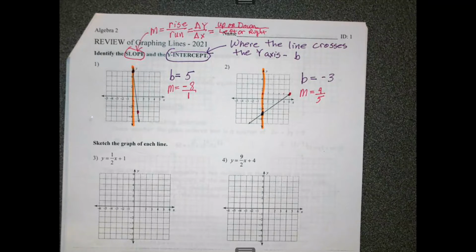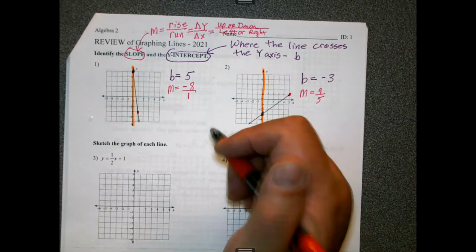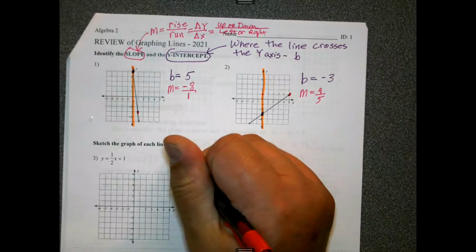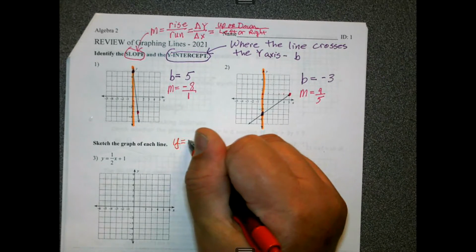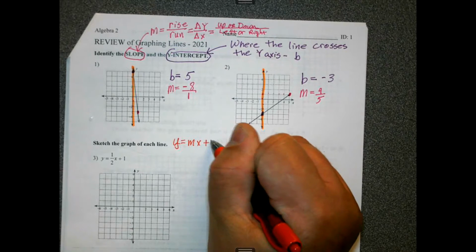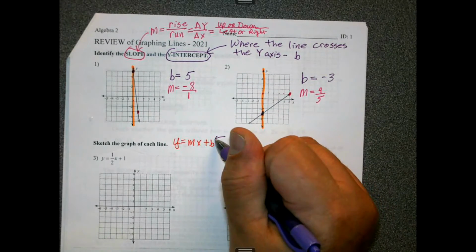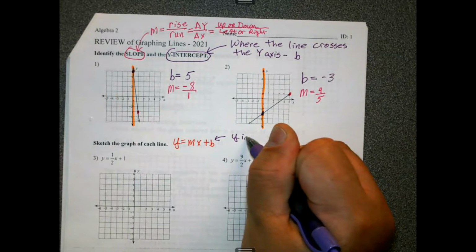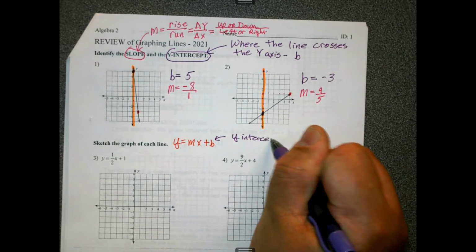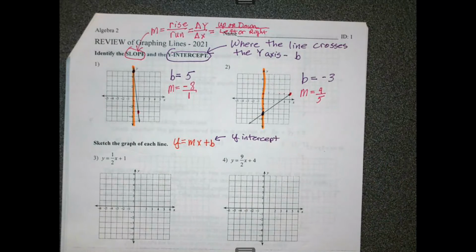And then they want us to sketch some lines. Now this happens to be in slope intercept form. y equals mx plus b, where b is our y-intercept and m is the slope.